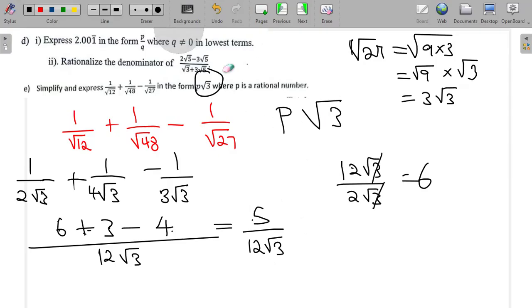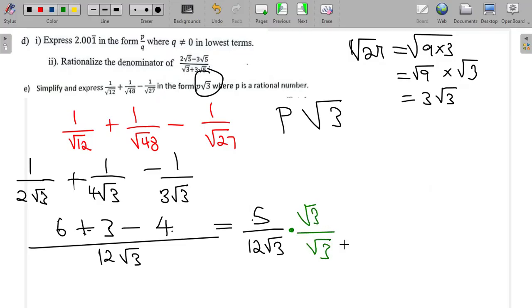So from there, I'm just going to rationalize the denominator. How do you rationalize a denominator that has one root? You just multiply by that same root. So on top, I have 5 root of 3 divided by 12 down, and then this root of 3 and root of 3 give me a 3.